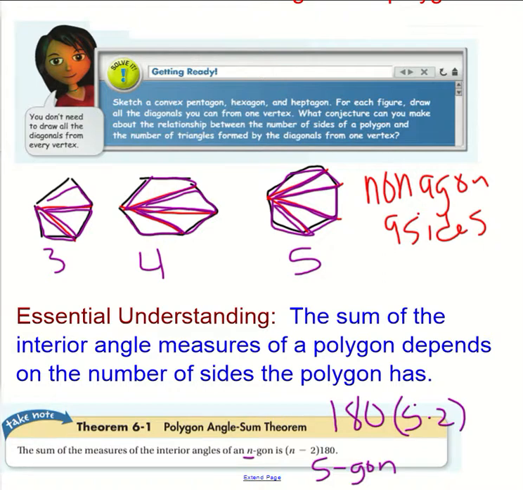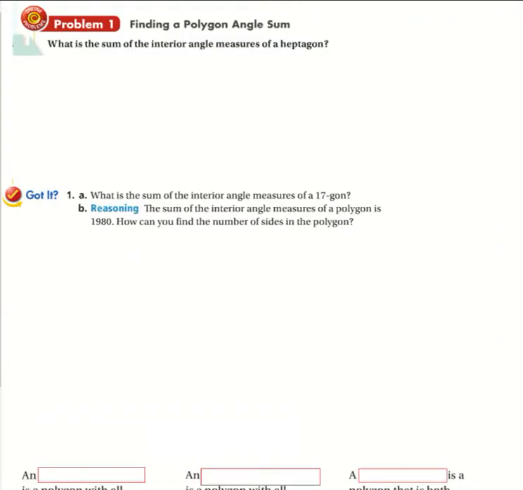So now let's move on. Angle sum. It says, what is the sum of the interior angle measures of a heptagon? How many sides are on a heptagon? Well, we drew a heptagon in the last slide. A heptagon has 7 sides, so if we're going to use n minus 2 times 180, we use 7 for n, so we get 7 minus 2 times 180.